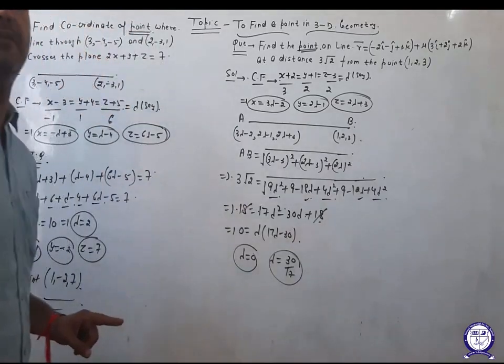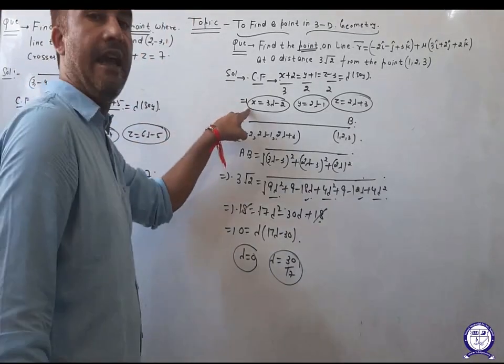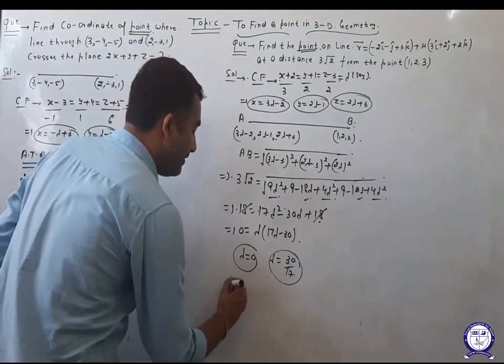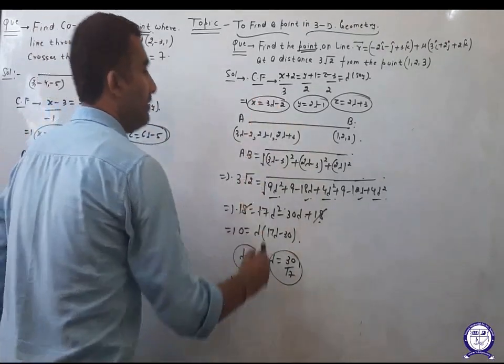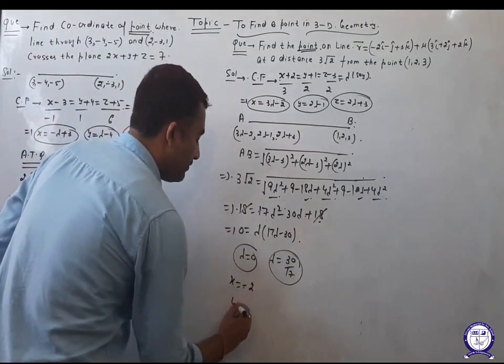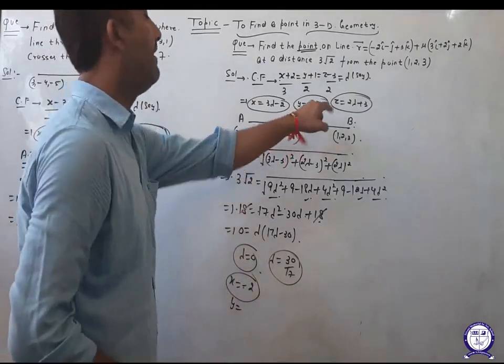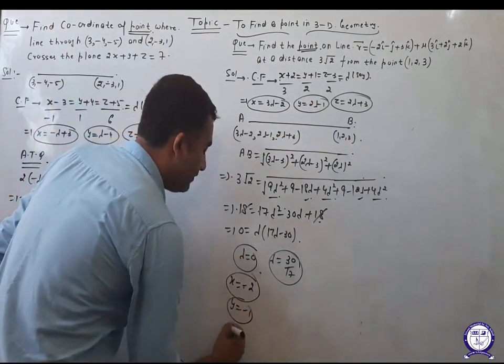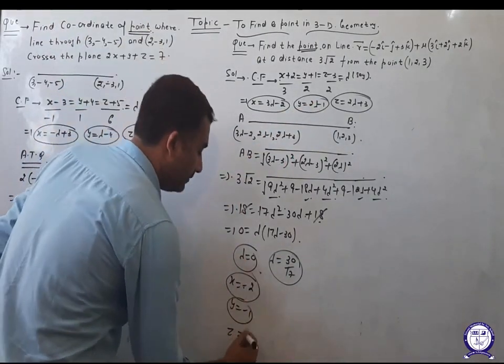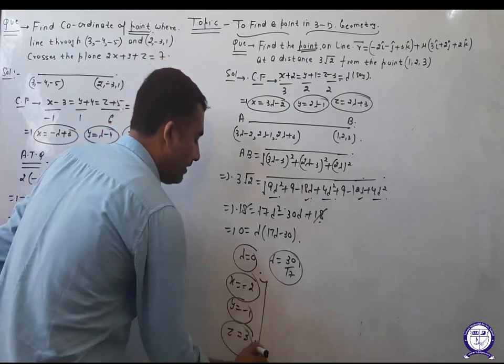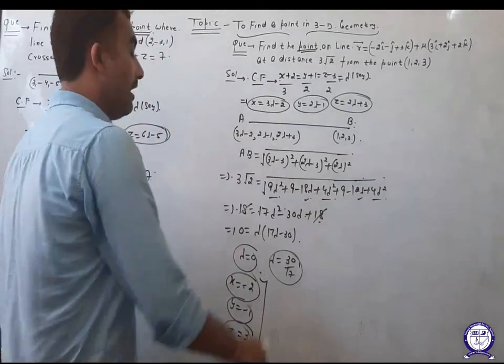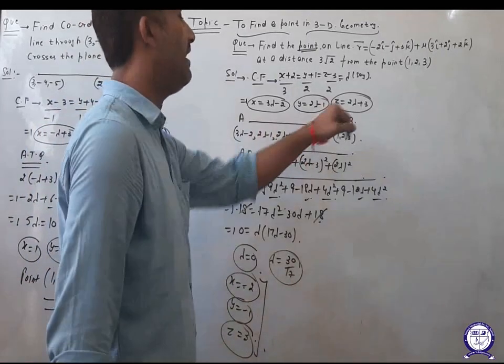Put your value of lambda in the given x, y and z, and we get the point. If lambda is equal to 0, x equal to minus 2, y is equal to minus 1, z is equal to 3. That's my point x comma y comma z. Put lambda is equal to 30 by 17 in x, y and z.